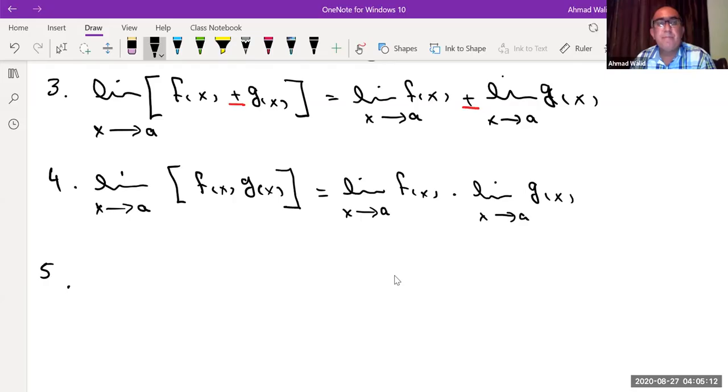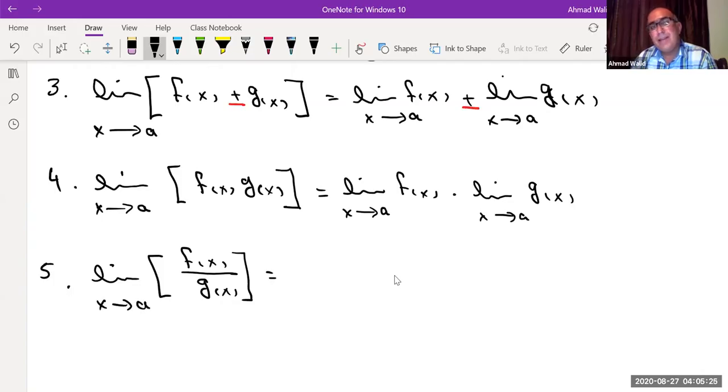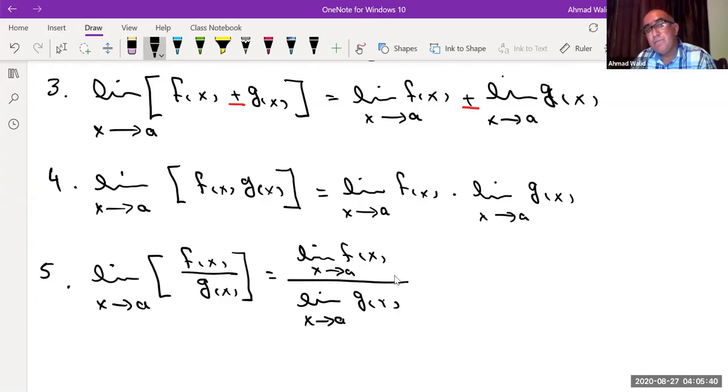Number 5. If I have the limit of f of x over g of x as x approaching a, then I can write this as the limit of the numerator, f of x, as x approaching a, over the limit of the denominator, g of x, as x approaching a.